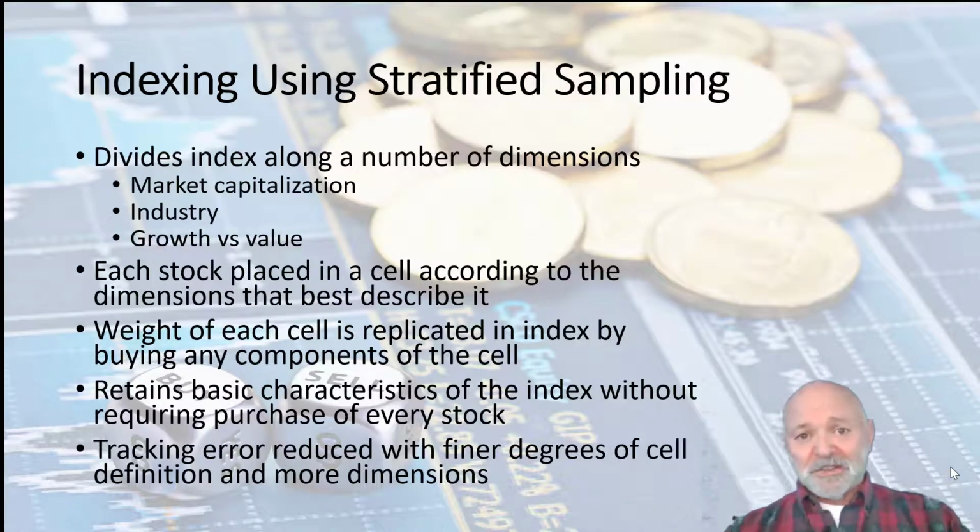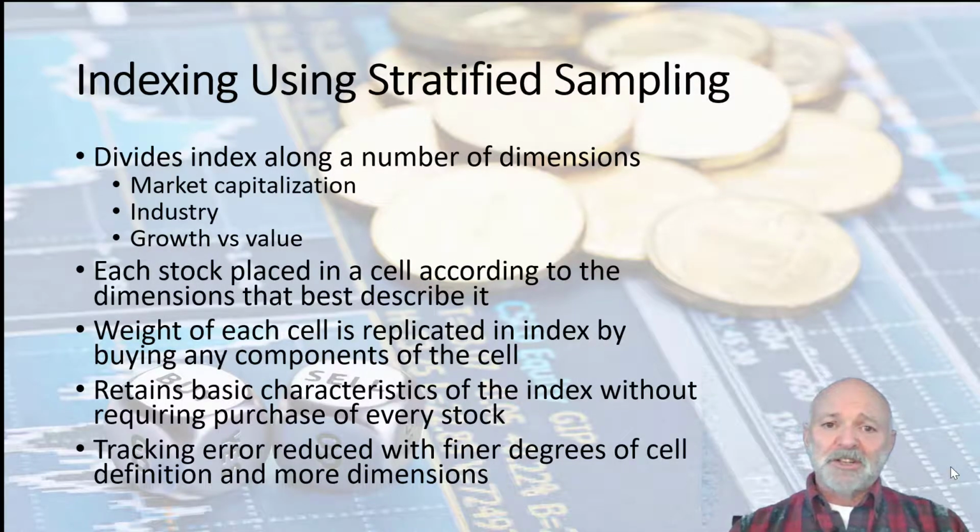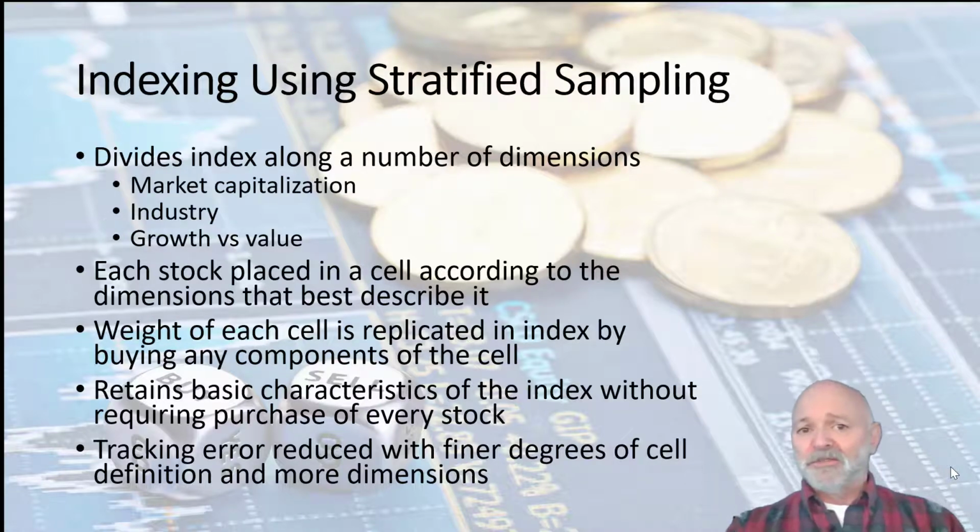Now, an alternative to this would be to essentially use samples from different strata or different levels. We could take a look at the largest, the medium size, and the smallest companies and say we're going to have a percentage of our stocks from each of those strata. We could take a look at 12 different industry sectors and take one piece of each of those 12, buying so much in mining and so much in oil and so much in banking.